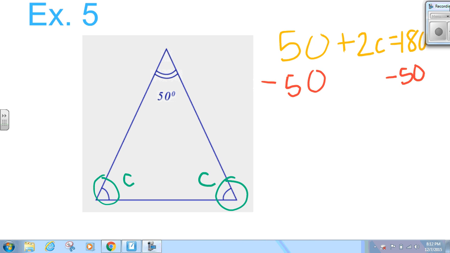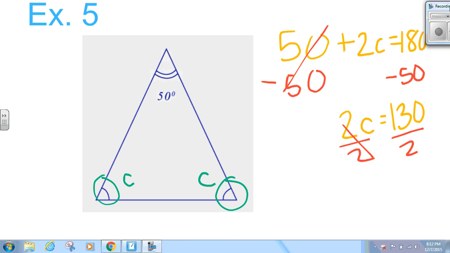That leaves me with 2C equals 130. And if I divide by 2 on both sides, C equals 65. Since this is an isosceles triangle, both of these angles are equal to 65.